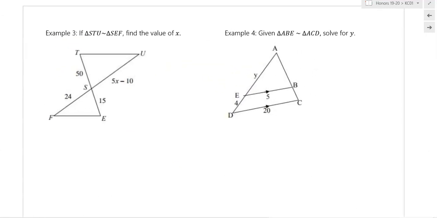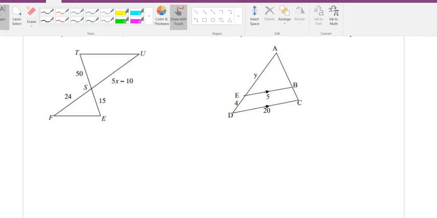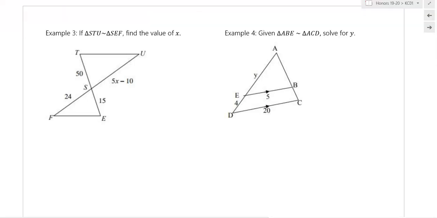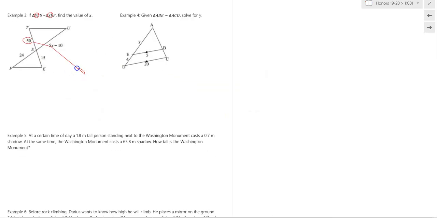If triangle STU is similar to triangle SEF, find the value of x. So again, I'm going to start by getting what things go together. So I have ST and SE. So S to T is this side.